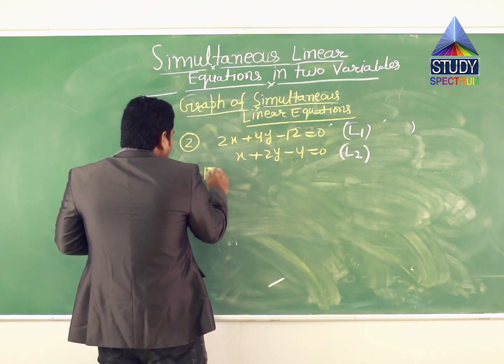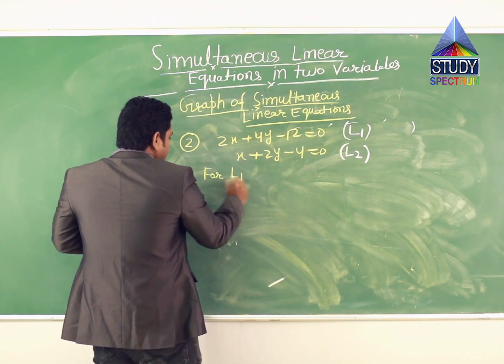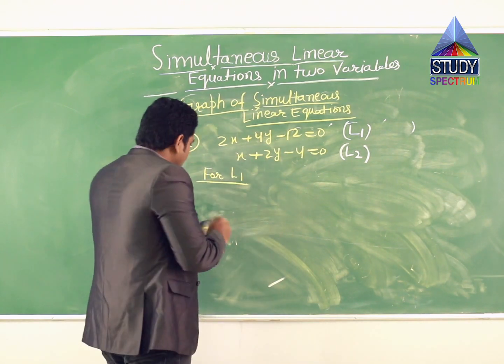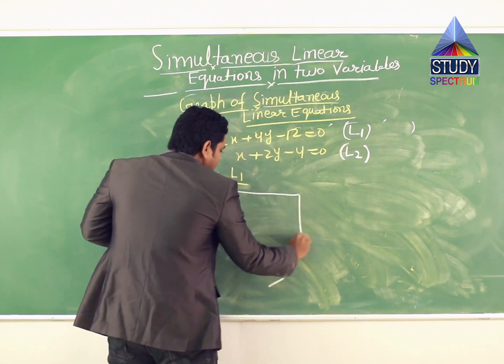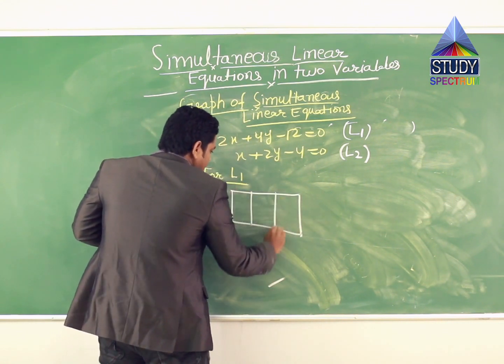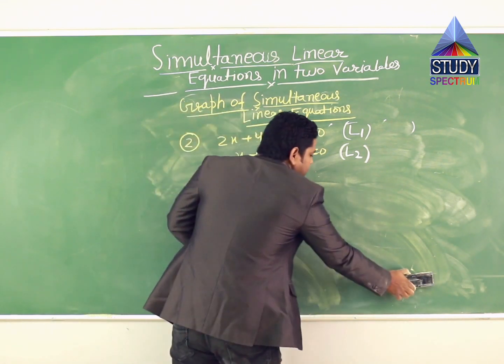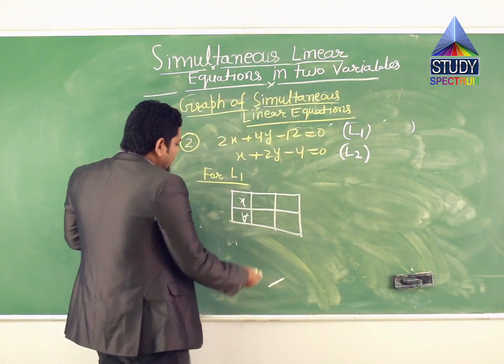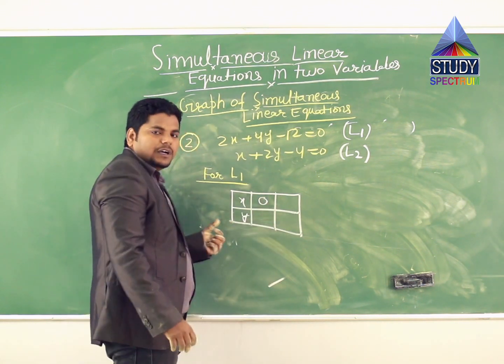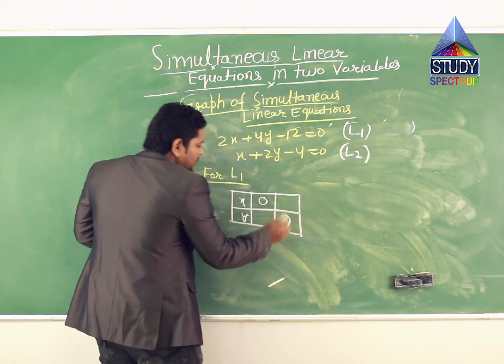So for L1 we'll make a table with x and y. For getting one point we will put x equal to 0, and for getting the second point we will put y equal to 0.